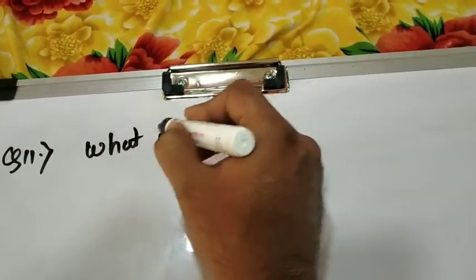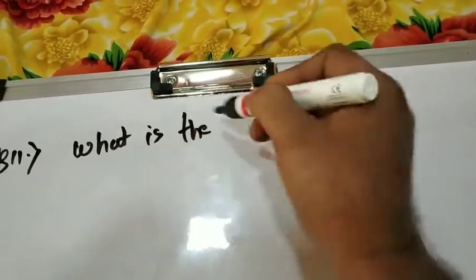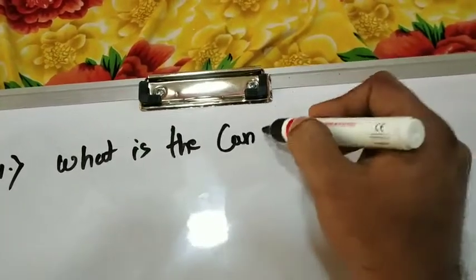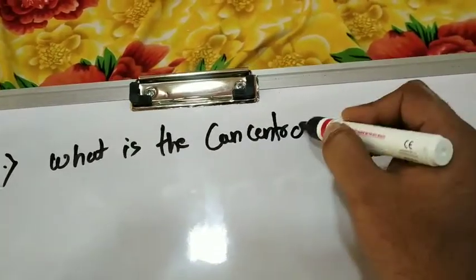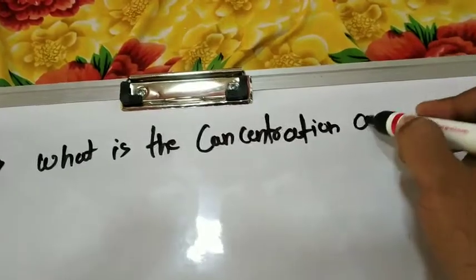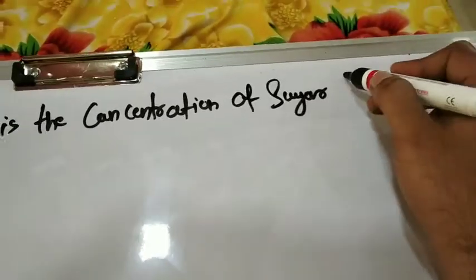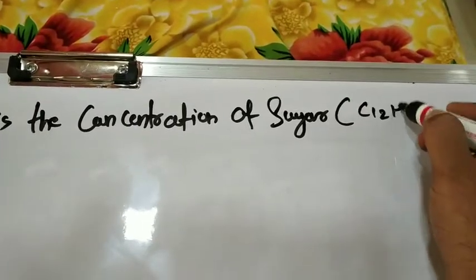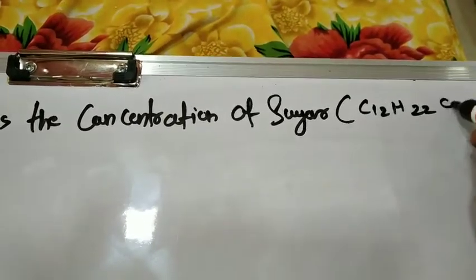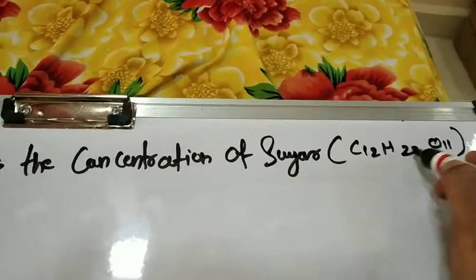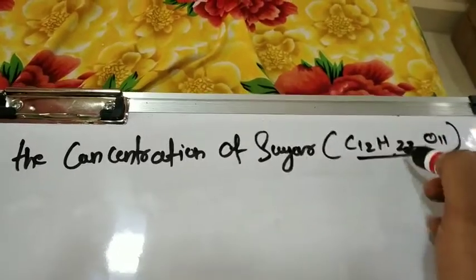What is the concentration of sugar? The sugar formula is C12H22O11. Remember, this is the formula of sugar and this is nothing but sucrose.